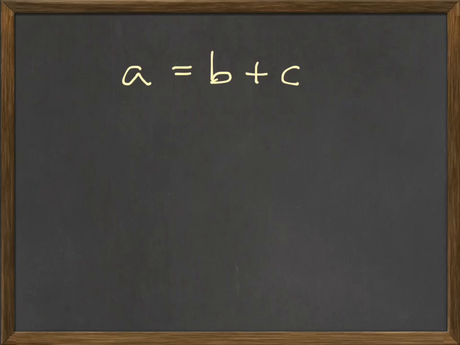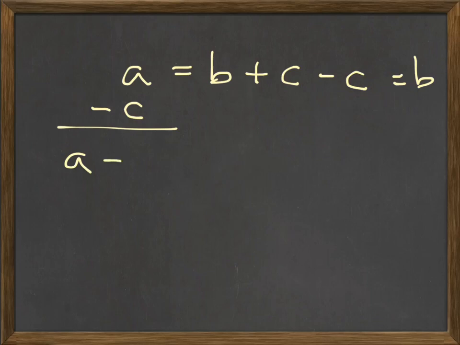Well, if we subtract C over here, B plus C minus C equals B, right? But if we subtract C from one side, we have to subtract C from the other side. So over here we get A minus C is equal to B.